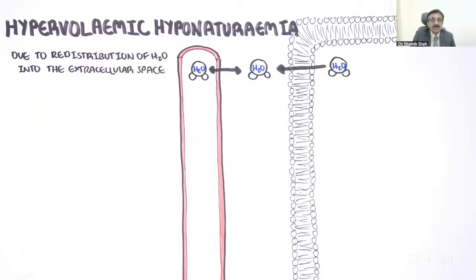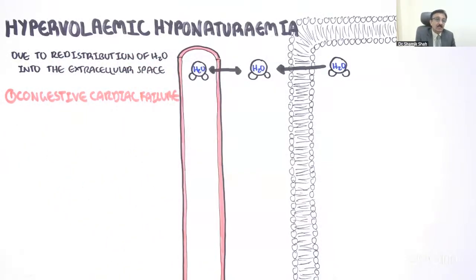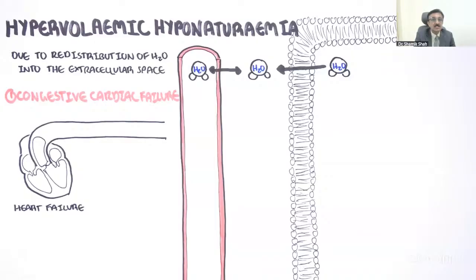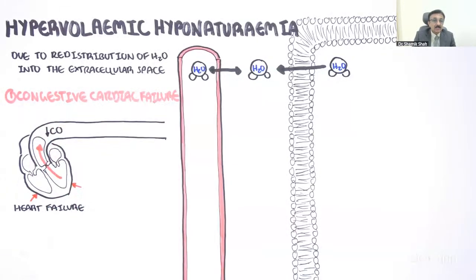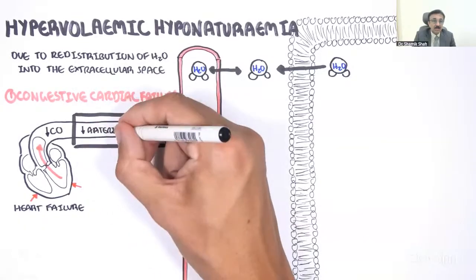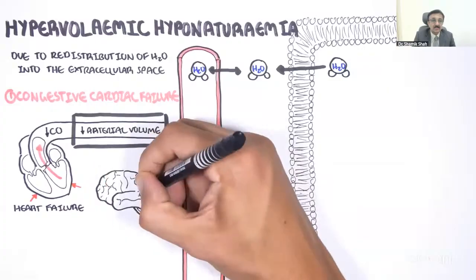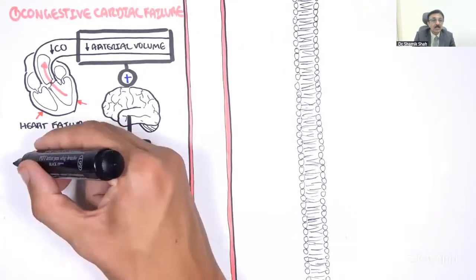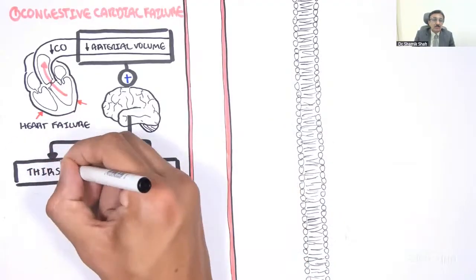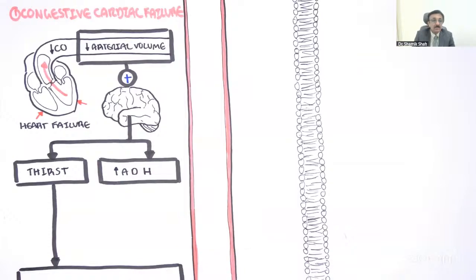So in this, what we will see in this condition, there is an important clinical condition called congestive heart failure. In congestive heart failure, the ability of the heart to pump is reduced. So there is a reduced cardiac output and there is a decreased effective arterial blood volume. This stimulates the release of antidiuretic hormone and stimulates thirst in the body from the hypothalamus.